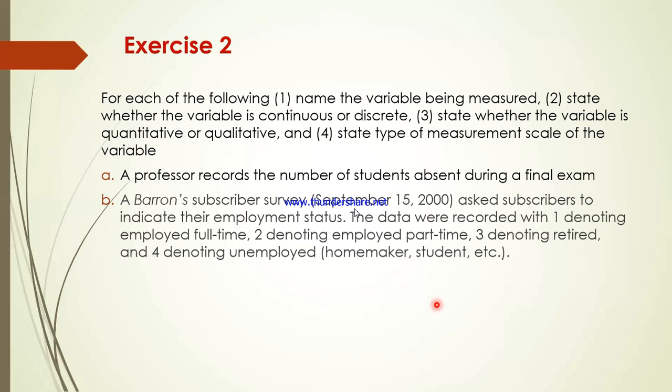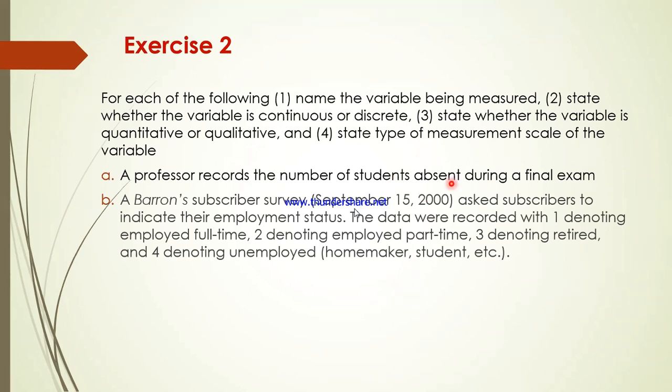So for such kinds of questions, if you want to answer perfectly, first you have to identify the appropriate variable for the given situation and what measures are used to measure those variables. In the first case, the number of students absent, right? The number of absences for the final exam, or number of students absent.